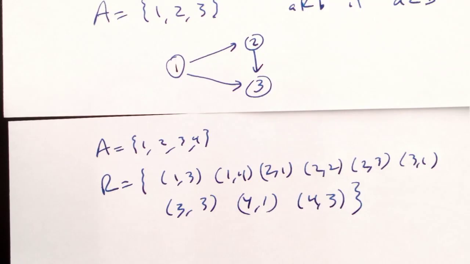That's the set A. I've given you the set of arrows. That's the set R. I can think of each ordered pair as a source and a destination, an arc that goes from the first coordinate to the second coordinate. Make a picture that goes with this.